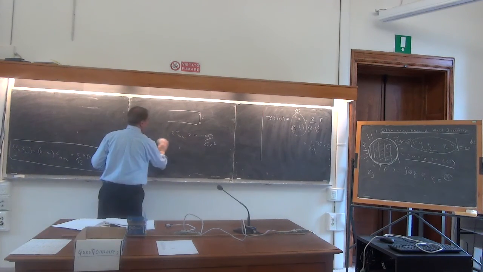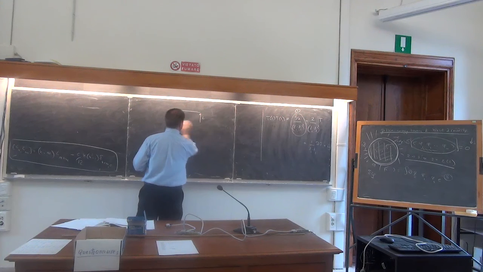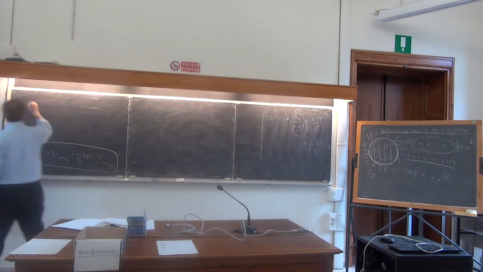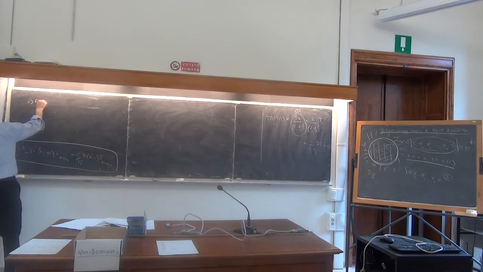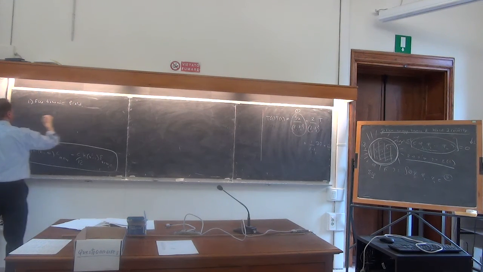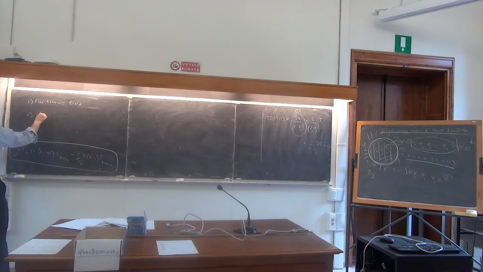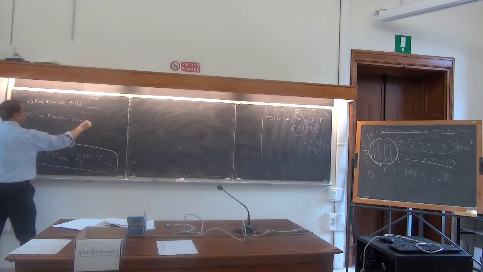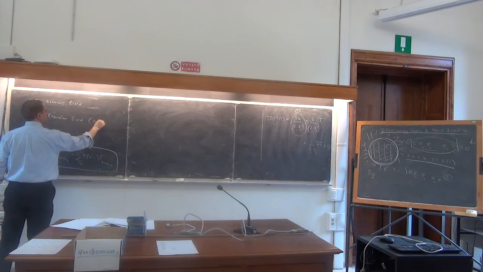The 2 examples are the free bosonic field and the free fermionic field, say Majorana type.